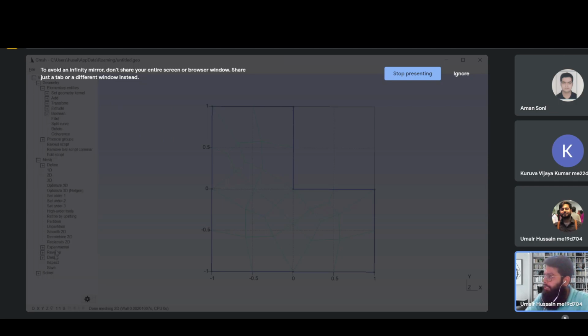If I change that parameter, I can edit the script. I don't know if you can see it here. I can edit the script, but I have to save this first.